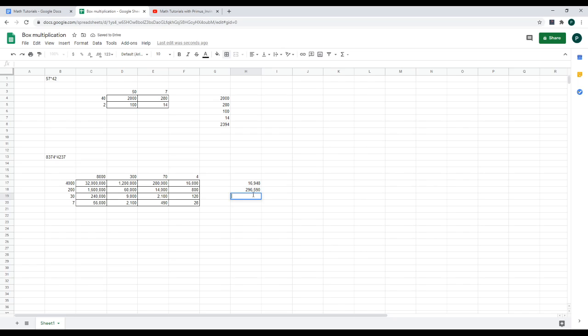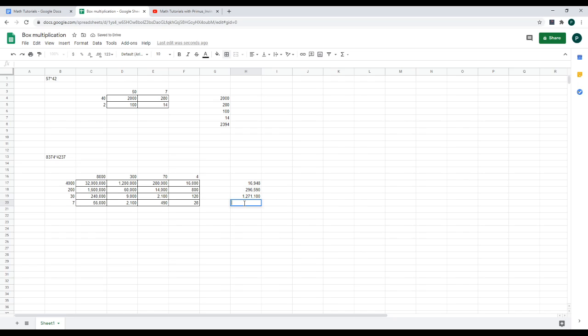The total in the 300 column is 1,271,100.